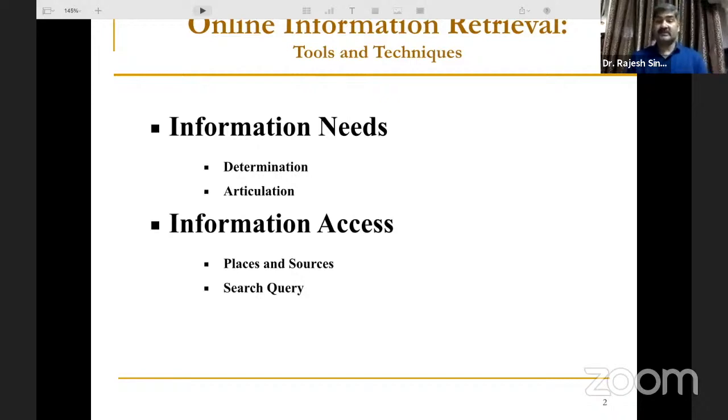This simply means that you should be able to understand what the places are, what different sources are where you should look for a particular piece of information. And the most important of all these is how to formulate a search query. I believe all of us are using search engines like Google on a regular basis, right?